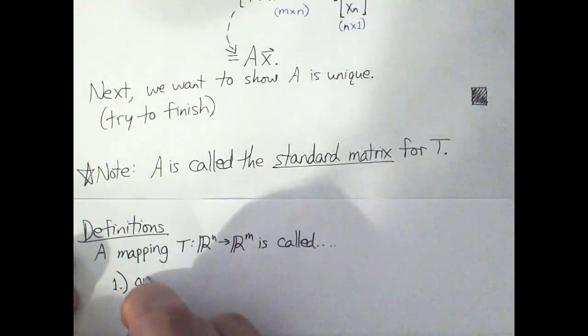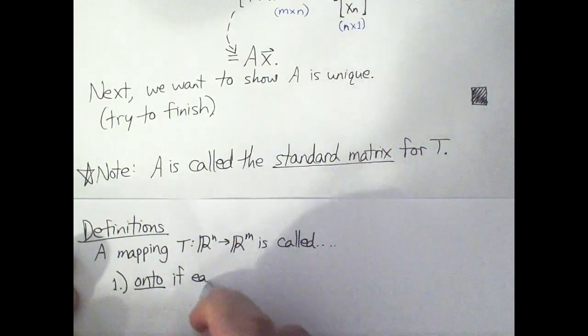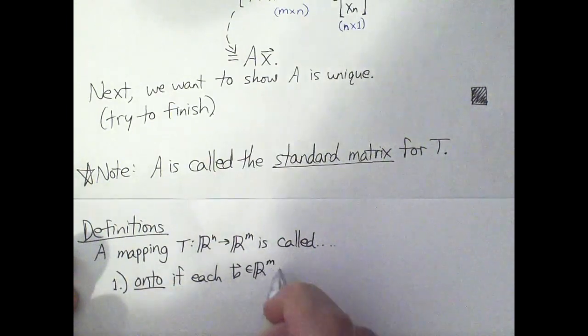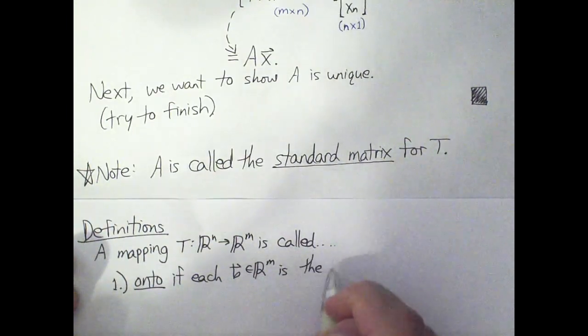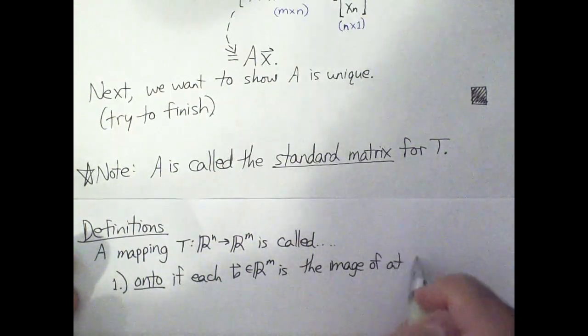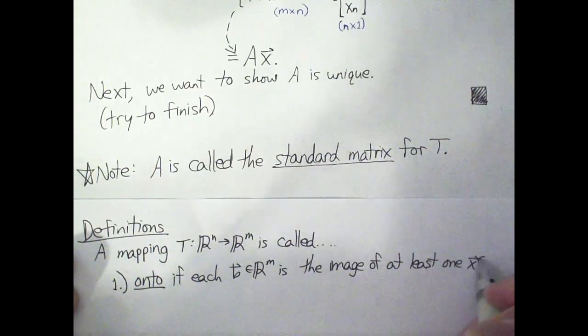number one, onto. It is called onto if each B in Rm is the image of at least one X in Rn.